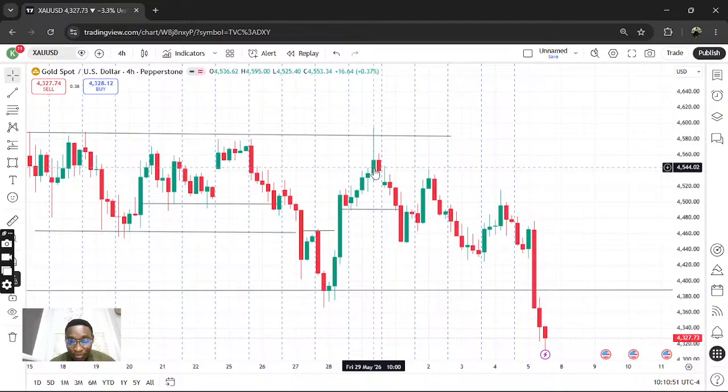Buyers wanted to continue going up, but the sellers said, no, you can't continue going up. They pushed it down and it closed at this level. Now, looking at this level where it closed, you can see that it is still within this range, which means it hasn't broken this range upwards.